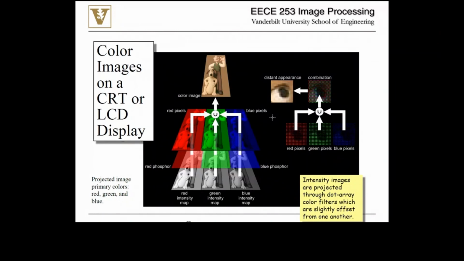Okay, so if I want to represent an image like this one, all I have to do is decompose that image into three different channels, red, green, and blue, and then compute the intensity with which I have to emit in each one of these devices to have the effect that I want at the end.